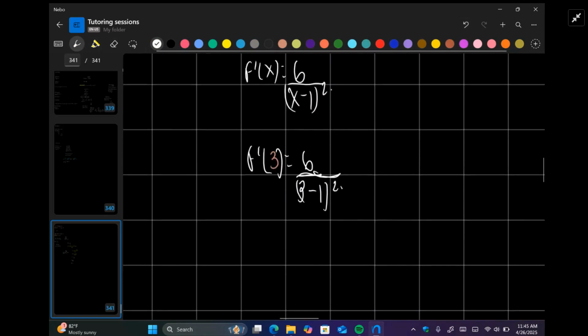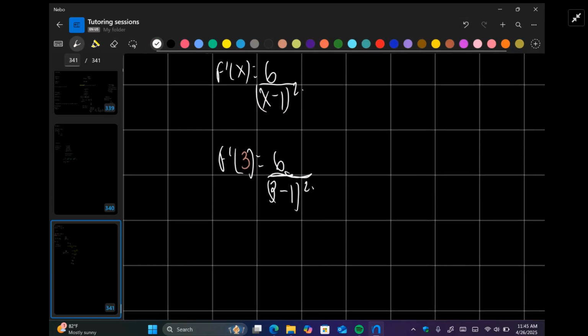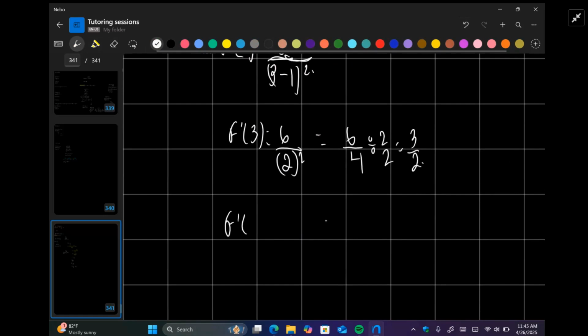So f prime of 3 is equal to 6 over 2 squared, which is 6 over 4, and if you reduce it, it becomes 3 halves.